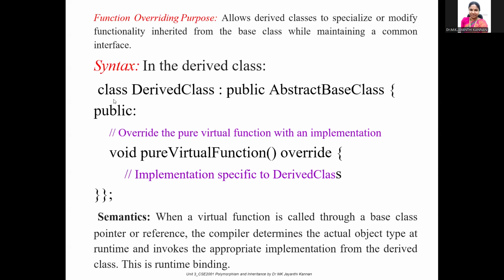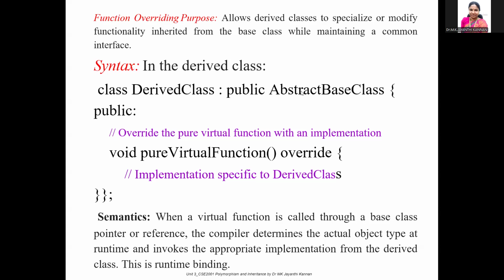So the syntax is class derived class, access specifier public, abstract base class. And within that, we have the public and private sections. We make the base class an abstract base class. So we are creating a class called derived class, derived from base class.